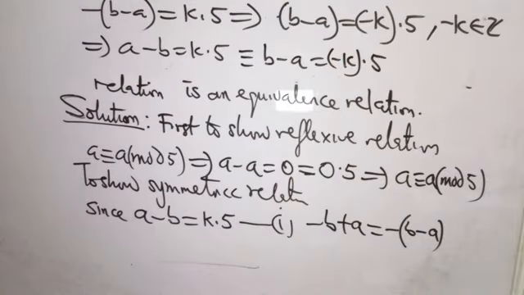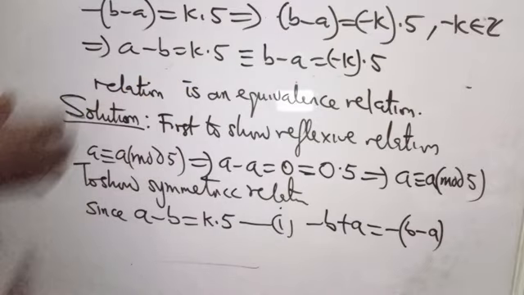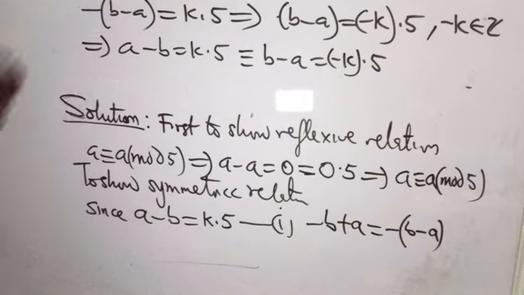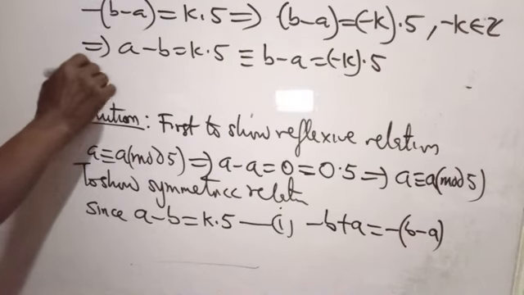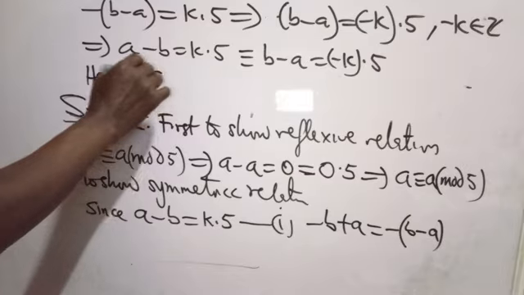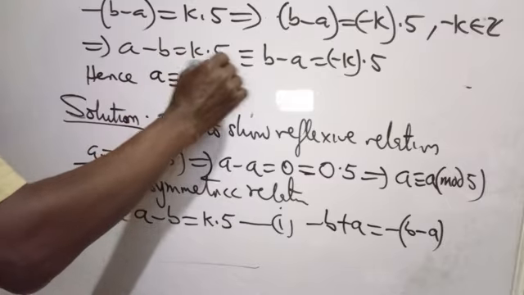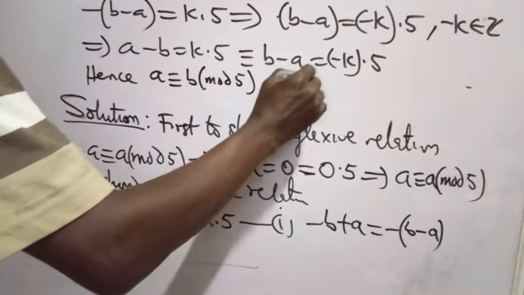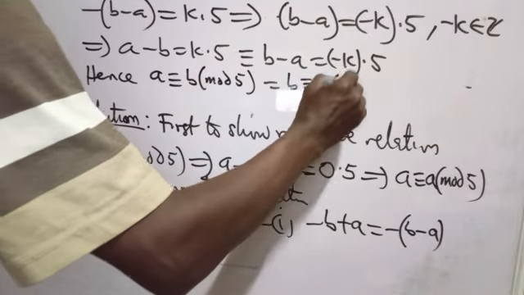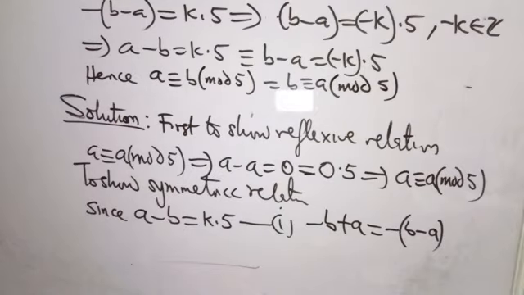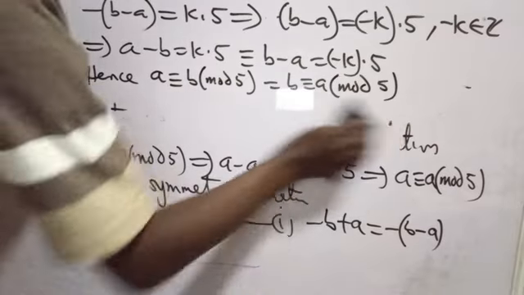You understand? Simply because k is an integer, −k is an integer. Hence a ≡ b (mod 5) is the same thing as b ≡ a (mod 5). It has given us the same pattern we are looking for. That is how to prove symmetry in this relation.